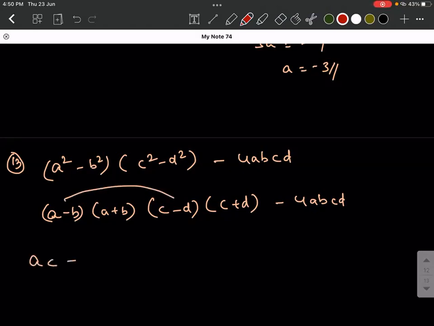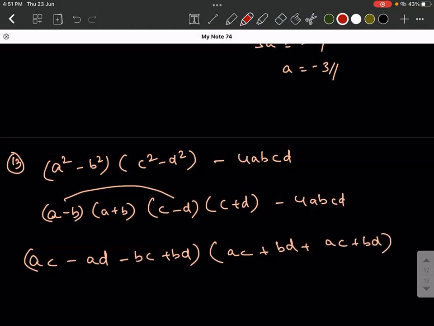You will get, wait, don't copy, okay? AC minus AD minus BC plus BD. Actually, it is not possible to determine. It is not possible because you have a product.